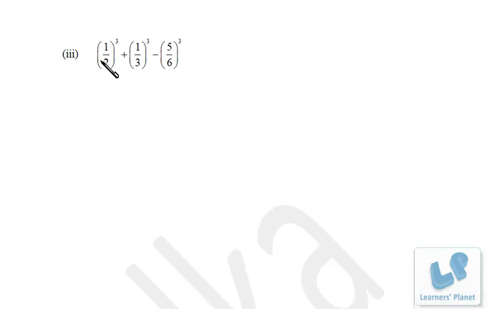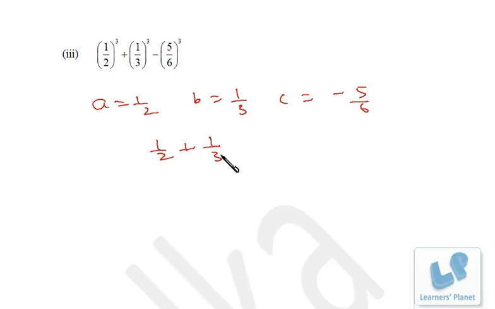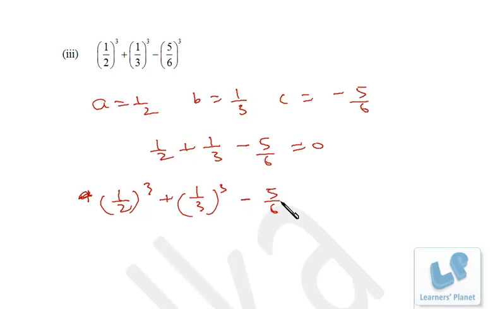The same thing is over here in the form of fractions. a is half, b is 1 by 3 and c is minus 5 by 6. Just add them up: 1 upon 2 plus 1 upon 3 minus 5 by 6 is 0. That means a plus b plus c is 0. That means a cube plus b cube plus c cube, that is 1 upon 2 whole cube plus 1 upon 3 whole cube minus 5 upon 6 whole cube, will be 3abc.